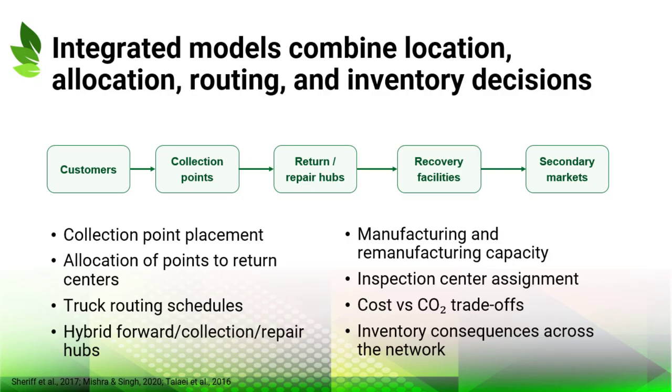They must also coordinate manufacturing and remanufacturing capacity, inspection assignments, inventory effects, and cost emissions trade-offs. Integrated modeling avoids solving decisions separately. A cheap location may create expensive routing, and routing may fail if recovery capacity is insufficient.